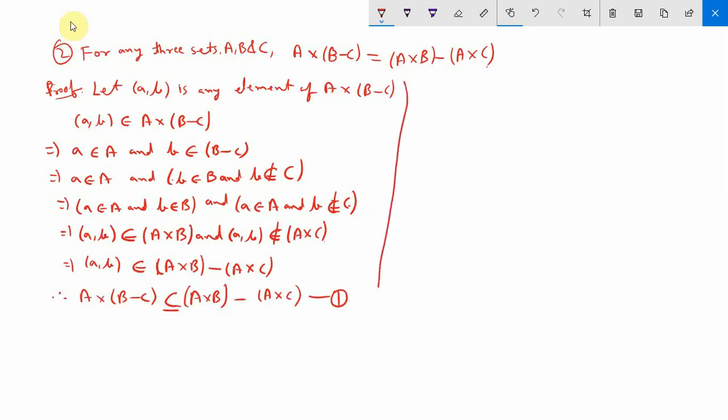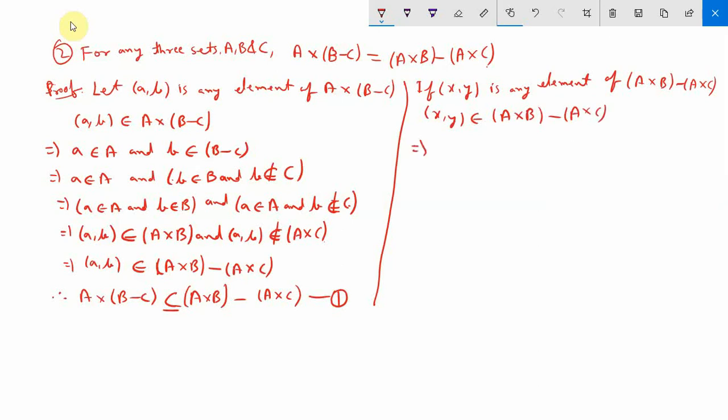Next, we will take any element in the right side set. Okay. So if (x, y) is any element of (A × B) − (A × C), so this we can write as (x, y) is an element of (A × B) − (A × C).